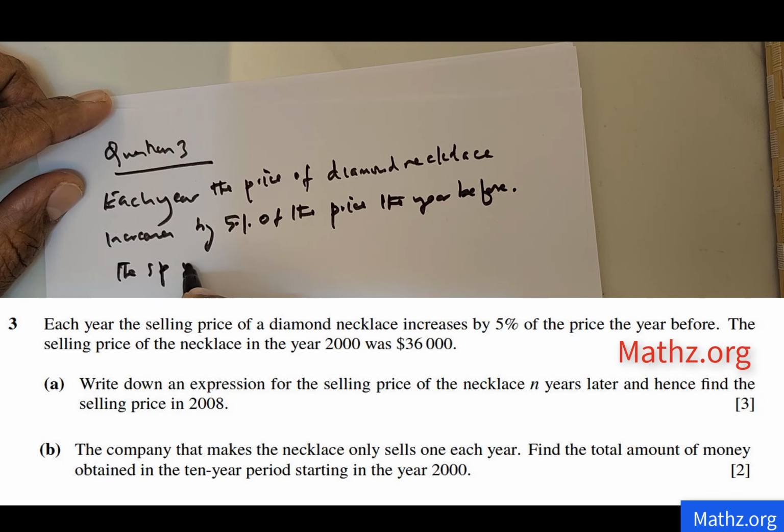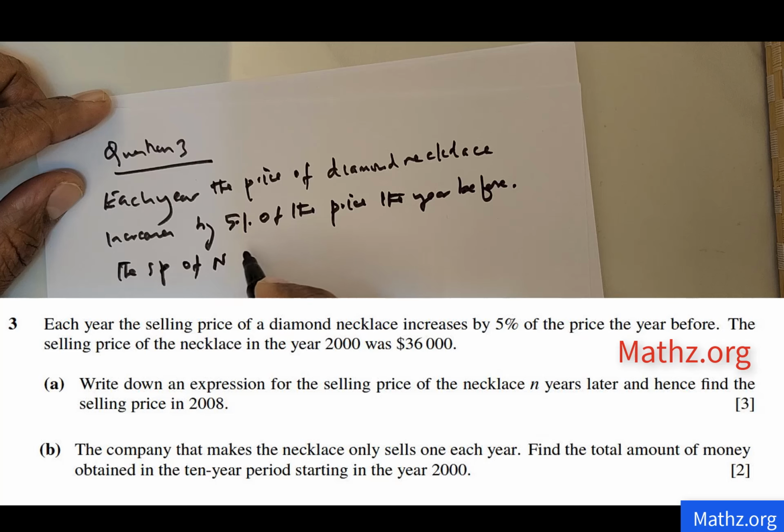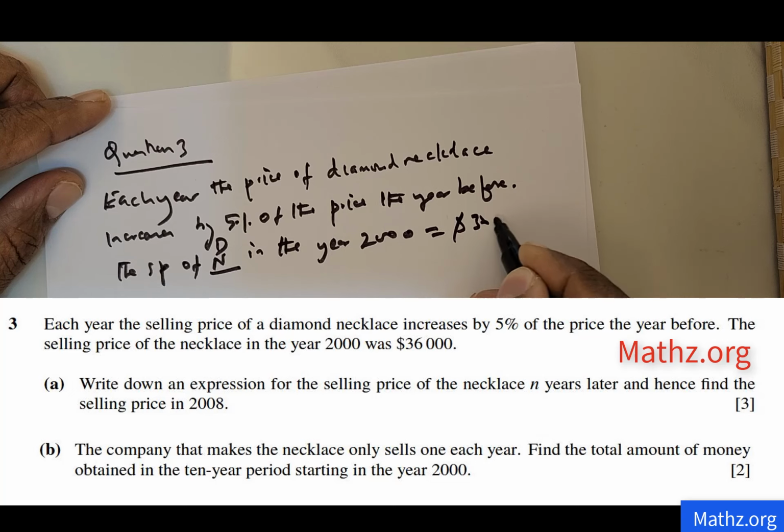The selling price of the necklace, the diamond necklace, writing it as DN, in the year 2000 is given to be $36,000.